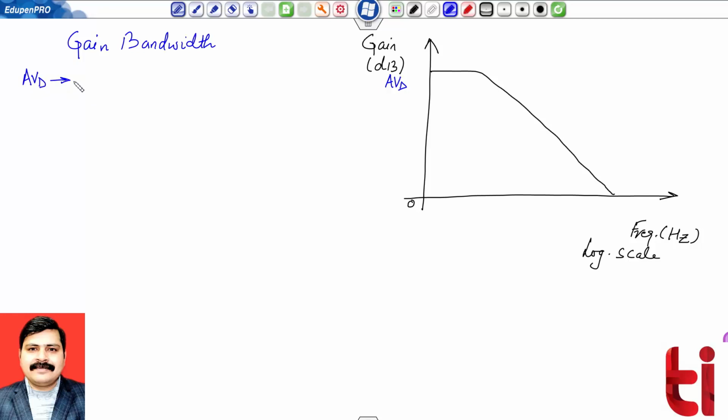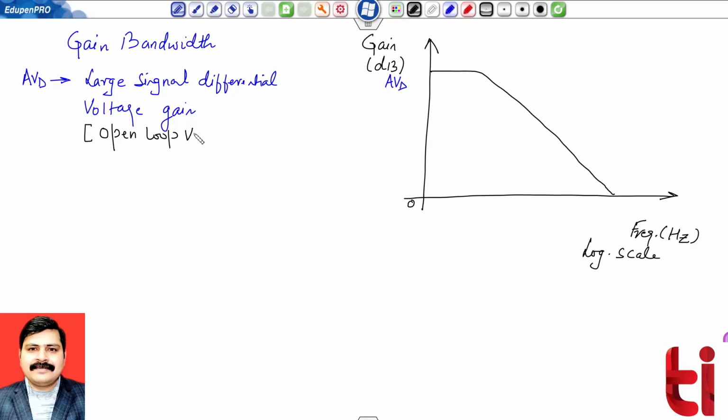AVD is termed as the large signal differential voltage gain, or in some literature it is written as open loop voltage gain.